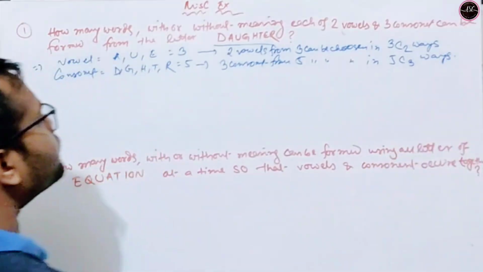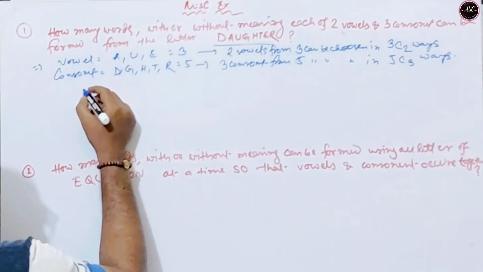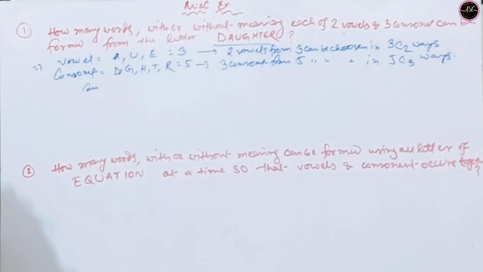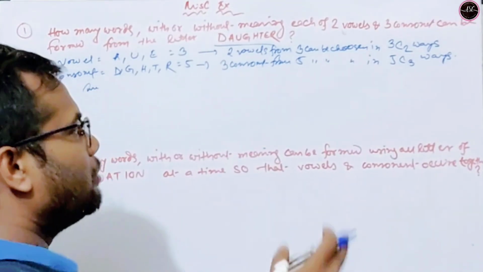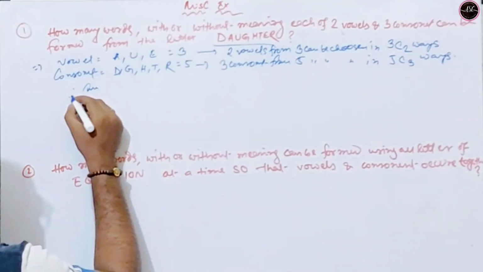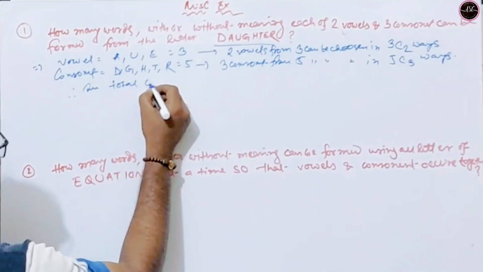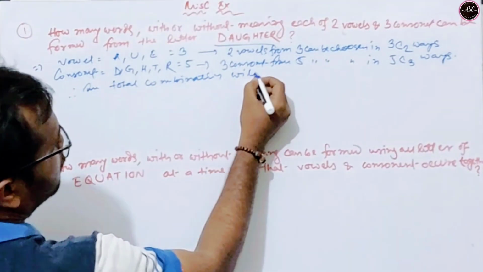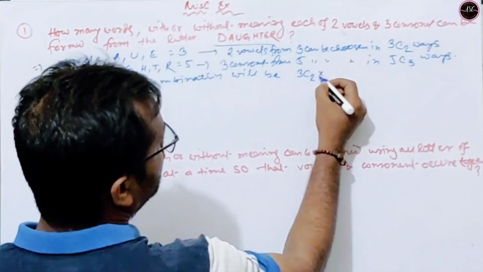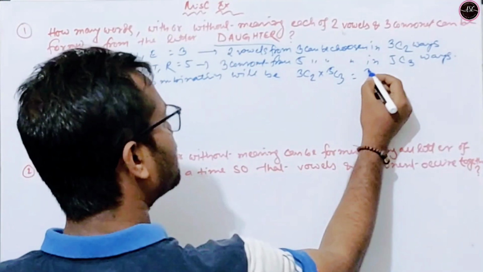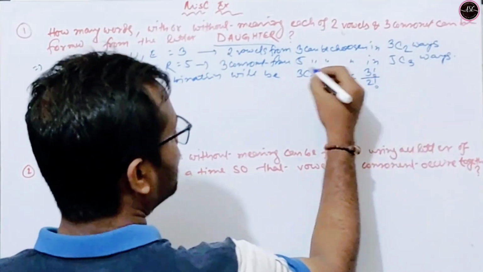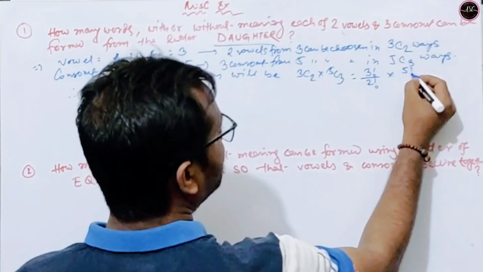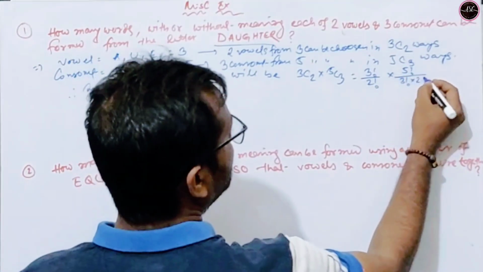Okay, so we will get the total combinations by multiplying these two. Therefore the total combinations will be 3C2 into 5C3. Just applying the formula, 3 factorial divided by 2 factorial into 1 factorial, into 5 factorial divided by 3 factorial into 2 factorial.